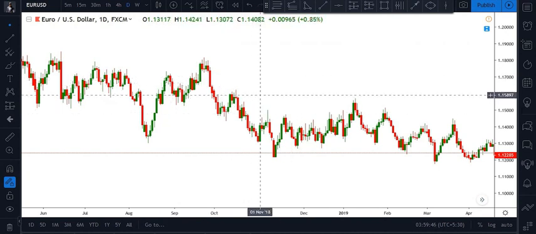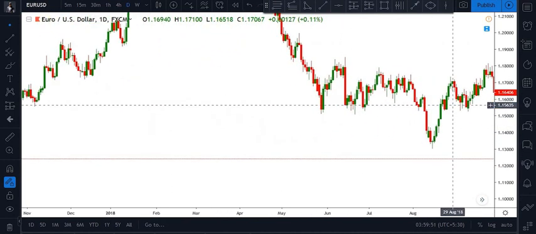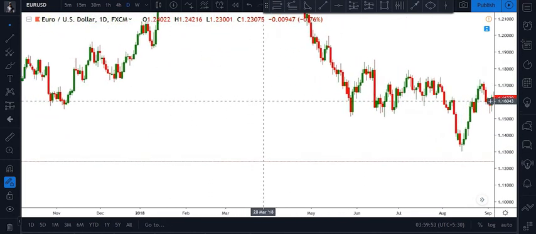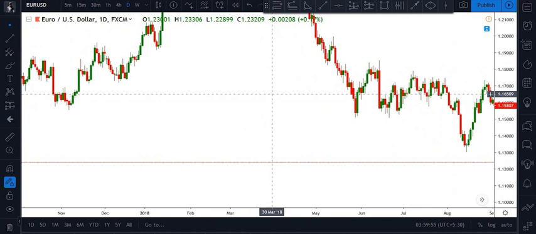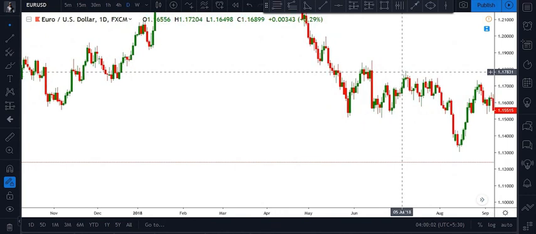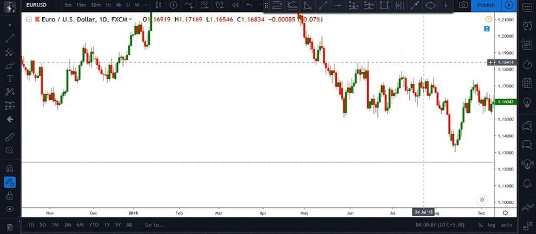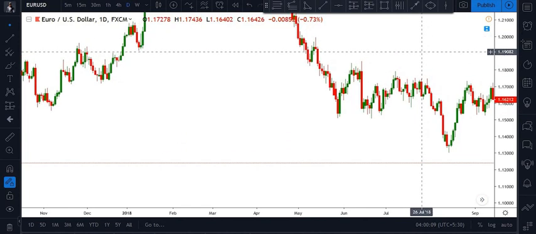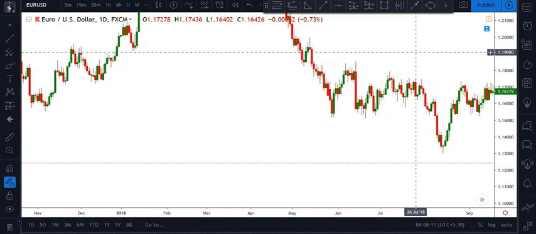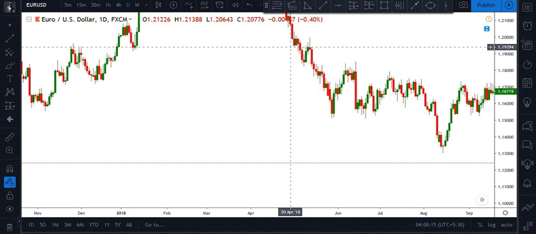For that, you can just push the chart into the right hand side of your screen, then use arrow keys to move bar by bar or candle by candle, or you can use the mouse to drag it and see the market. Or if you're using the TradingView platform, there is a function called bar replay.